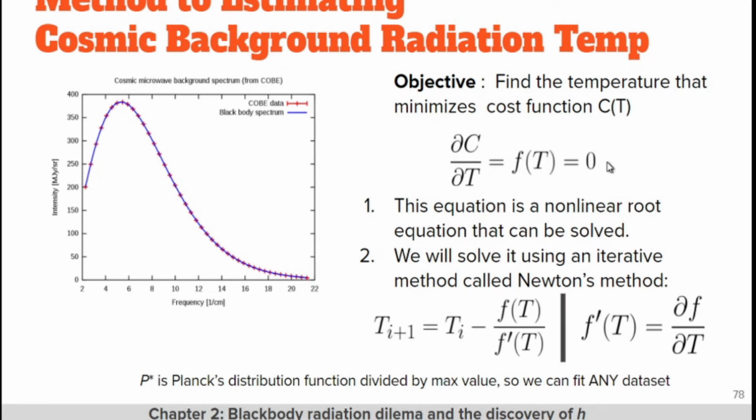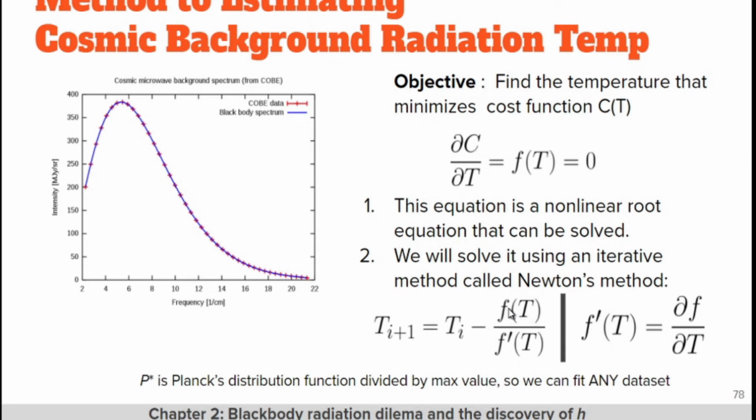That's the power of Newton's method, and this is the formula for it, where this T sub i plus 1 is the i plus 1 temperature, and we get this value by calculating something based on the previous value of the temperature, which is the ith value. So that's T sub i minus this ratio of two functions.